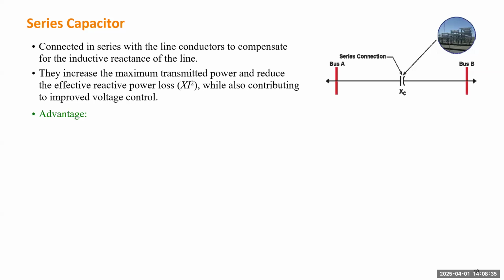Remembering the formula, P is equal to E_S E_R over X times sine delta. This is the active power delivered. If you add a capacitor, it makes the total reactance smaller, then P will increase, even if the angle is the same. The advantage is self-regulating because the power depends on the current, not the voltage.